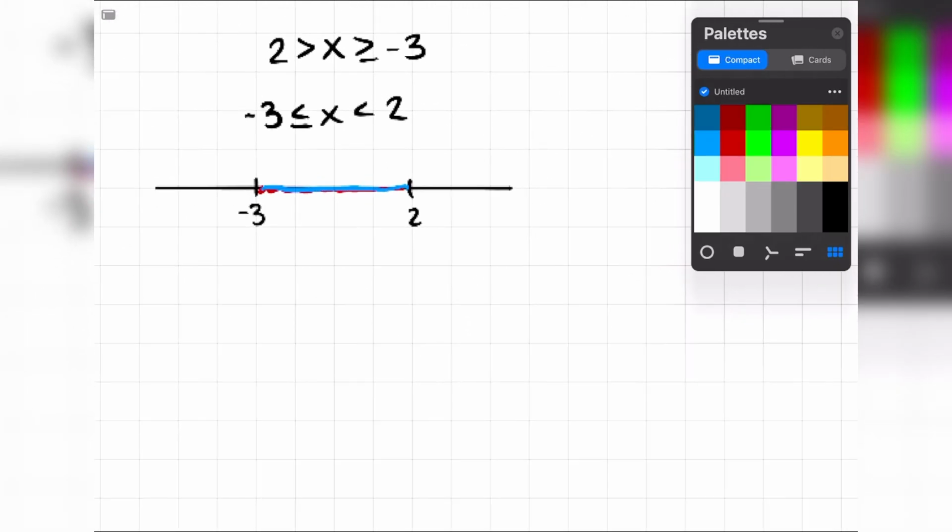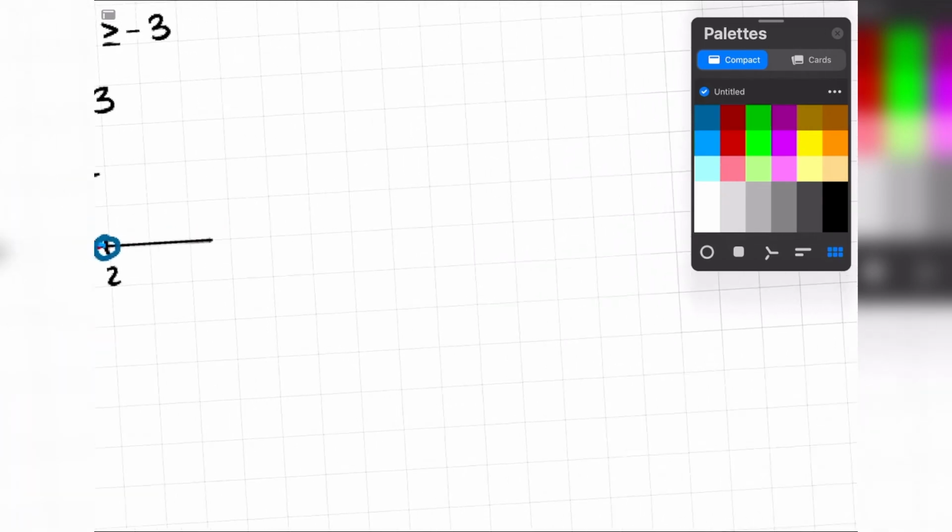And then the interval notation solution would be, for this guy, negative 3, oh wait, I should write that in. So negative 3 filled in, and then for the 2, it's open, like that. So then 2 open. Okay.